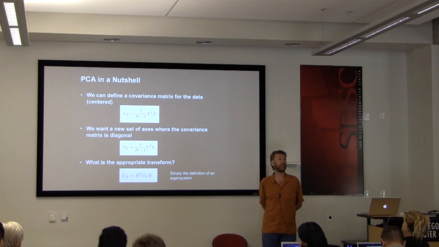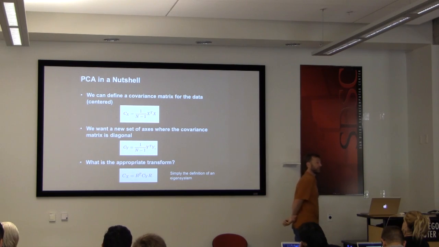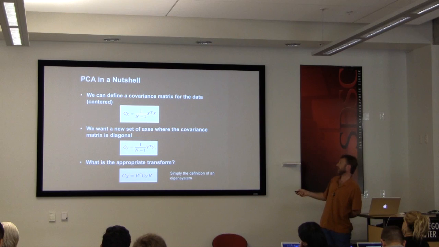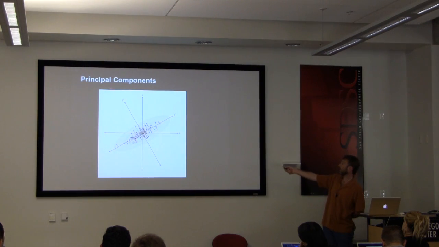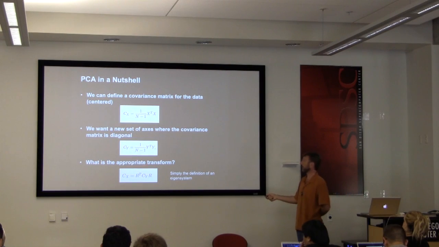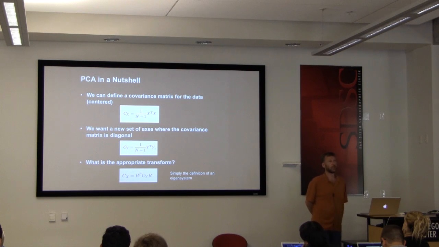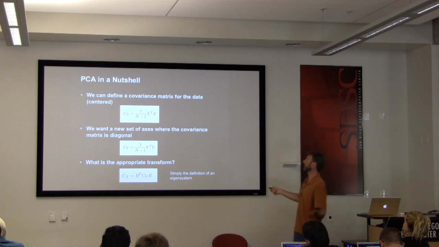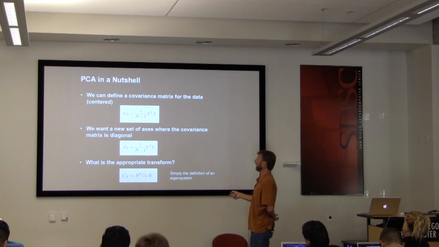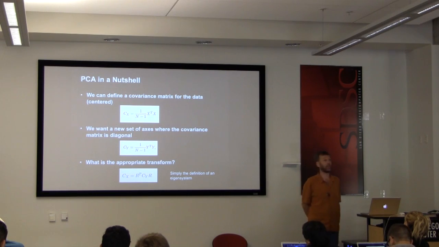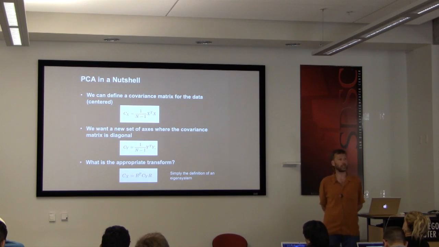What I want to do is to define a new set of bases, and those bases should be uncorrelated with the data. And that means what I effectively want is a correlation matrix that has zeros for the off-diagonal elements. So what I'm looking for is a transform of x that will take me from the covariance matrix to a covariance matrix that has zeros for the off-diagonal elements.